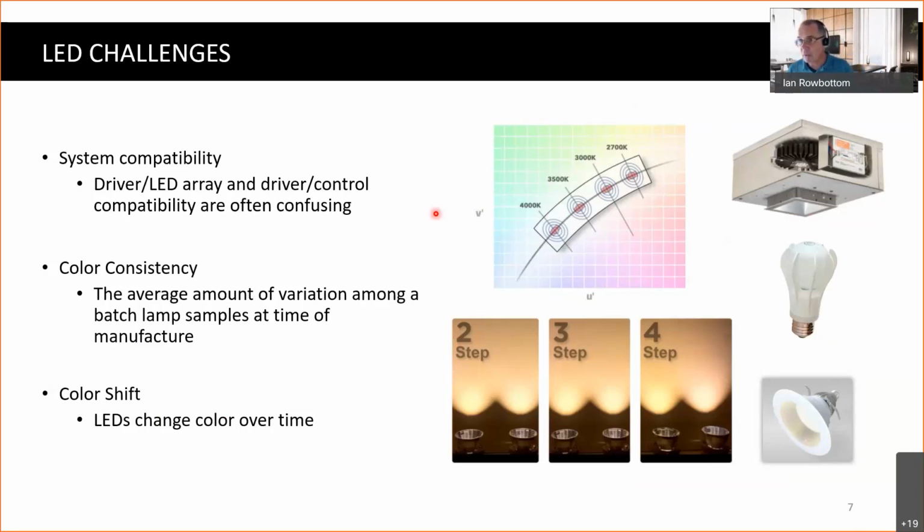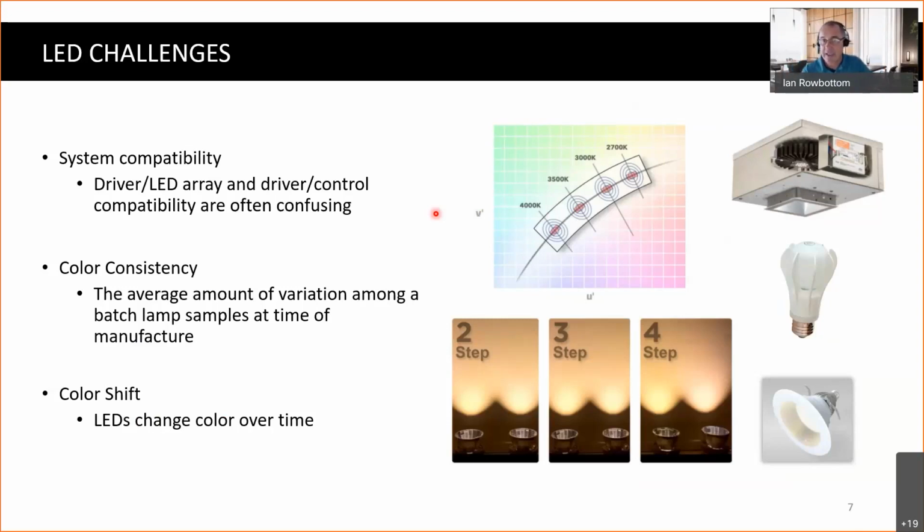What's going on? Why don't they all look the same color? And then, I was happy with the installation, but over time, I think the installation is looking a little bit green. What's going on? Well, LEDs can change color over time, and we'll discuss that.